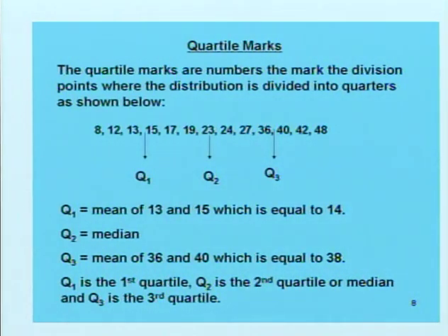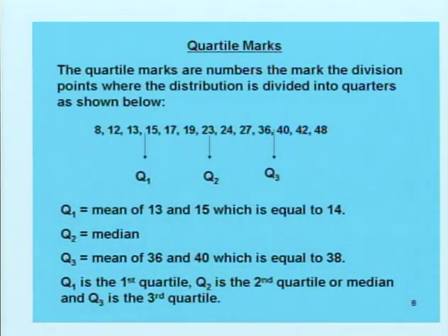Halfway between the scores to the left of the second quartile is Q1, and the middle would be a number between 13 and 15. To the right, the third quartile is the middle of the scores to the right of Q2, which would be a number between 36 and 40.